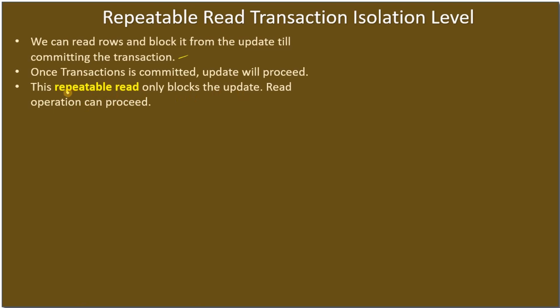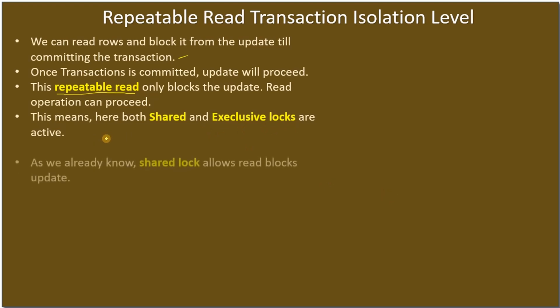Read operation can proceed. So that means in repeatable read, you can see both shared and exclusive lock in action. Both locks are enabled here with a repeatable read transaction isolation level.